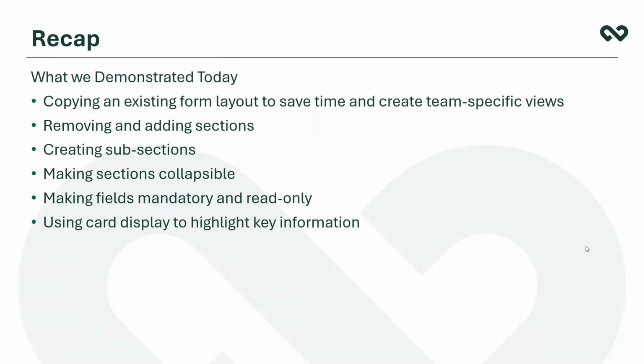So we looked at creating subsections, which helps group related information together and makes the layout easier to navigate. Another feature we covered was making sections collapsible. So we showed how to make fields mandatory and read only as well. Mandatory fields help to ensure important data is captured, while read only fields protect key information from being accidentally changed.